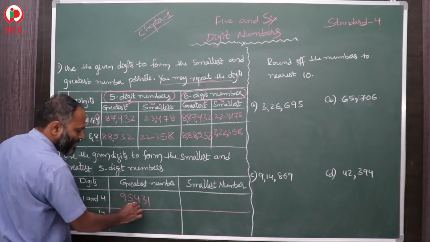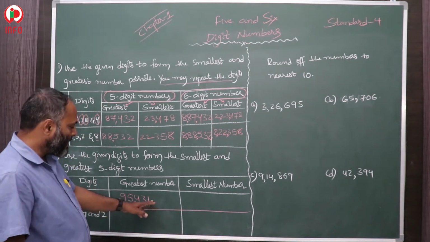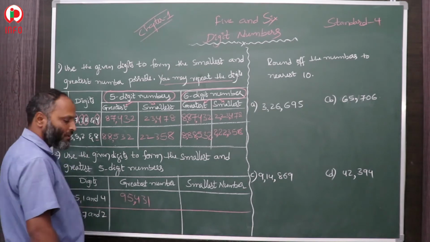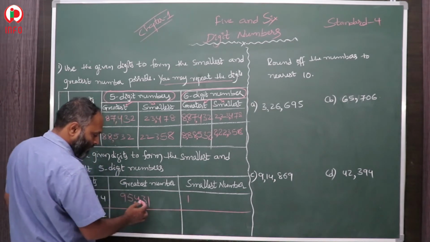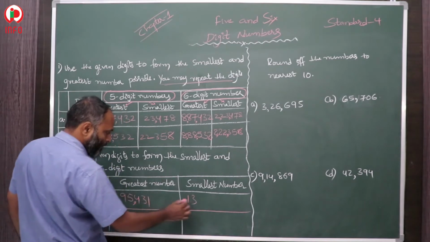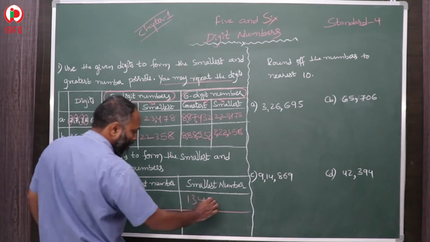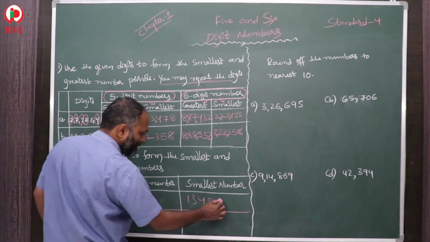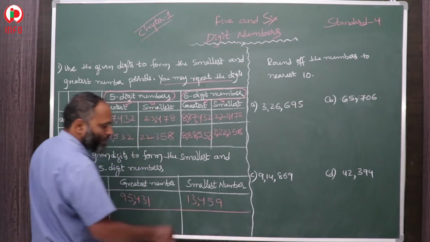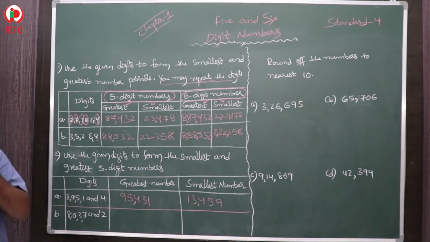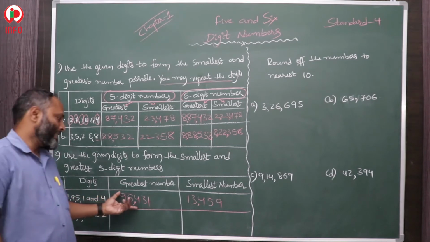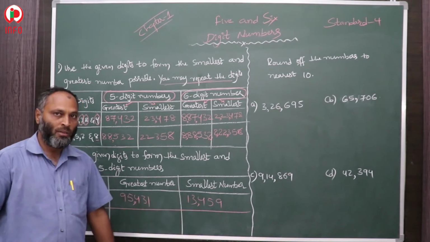And for the smallest, we have to arrange these digits in reverse order. First we take 1, then 3, then 4, then 5, then 9. This is 13,459. So this is in descending order, this is in ascending order.